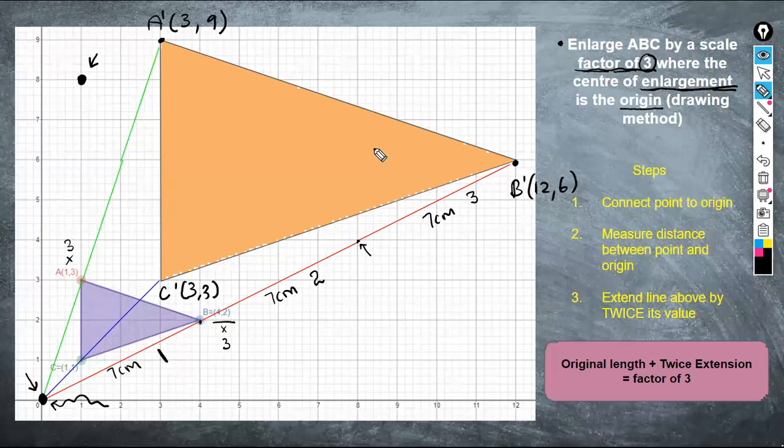Only the drawing method would work. Also, the examiner could tell you to do it using the drawing method. So even though you know that for an enlargement through the origin, multiplying all the points by 3 would give you the same answer, if the examiner asks you to use the drawing method, guess what? You have to use the drawing method, which means you have to draw the lines and extend them by how much other times.